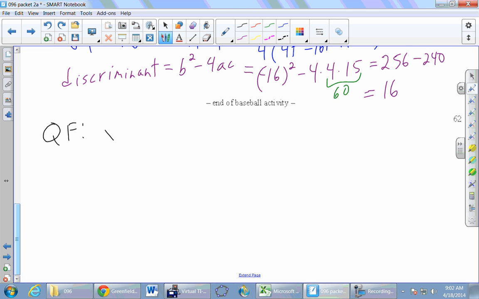Quadratic formula, x. All right, so normally it's an x equals, but in this case it's a t equals. Without looking at your neighbor's papers or any other papers, see if you can write in the quadratic formula from memory. I got you started with a big fraction line. How much of this quadratic formula do we know? The discriminant will be inside of there.